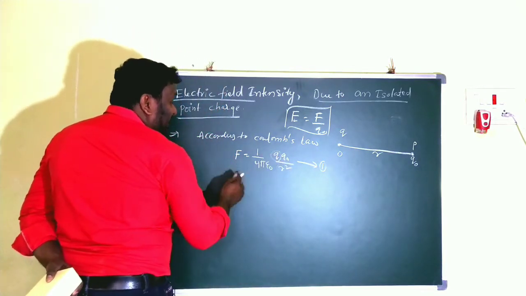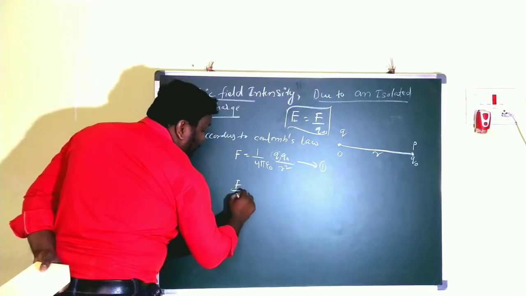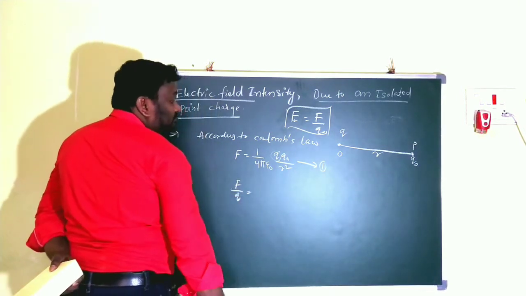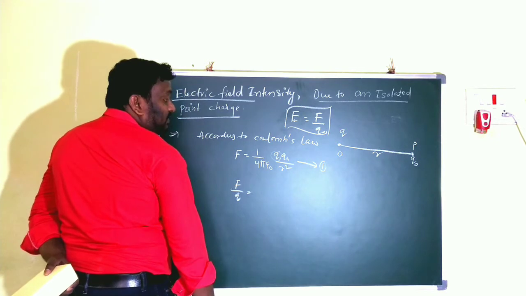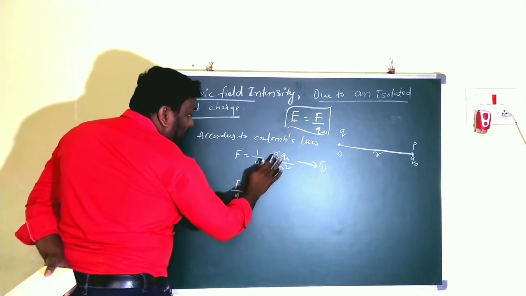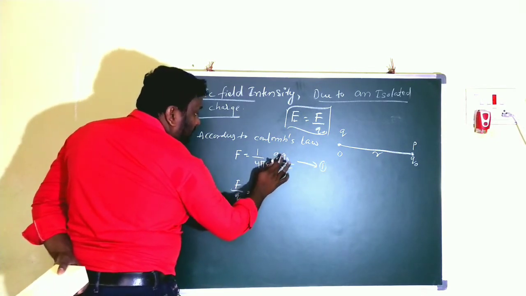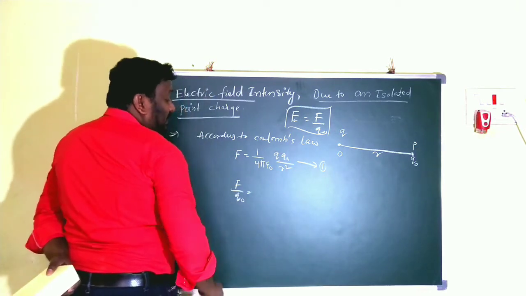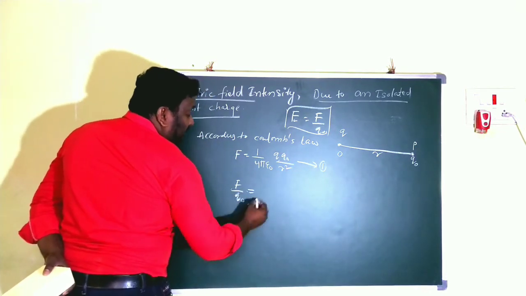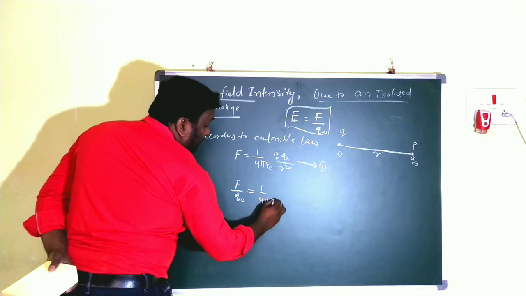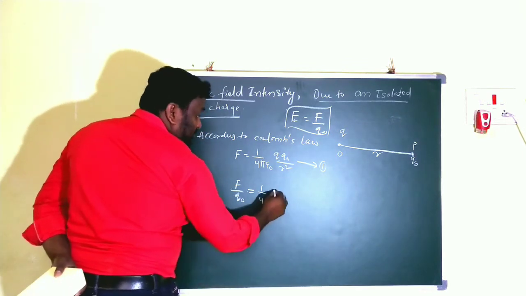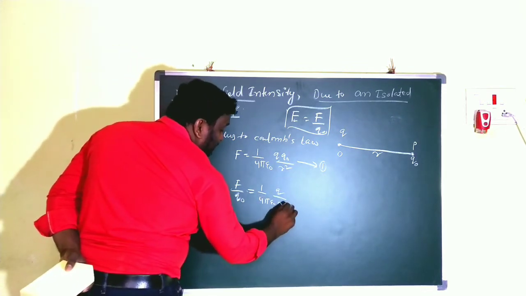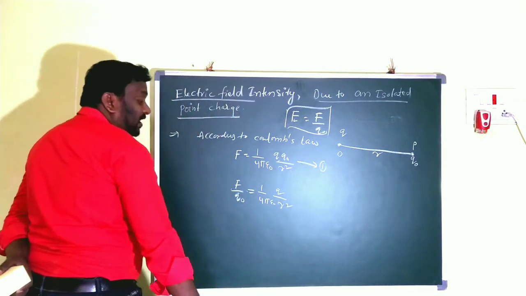After that, here Q naught is in the numerator. If you want to bring this to this side, how can we write? F by Q naught. I am bringing Q naught. Then we write 1 by 4 pi epsilon naught into Q by R square.